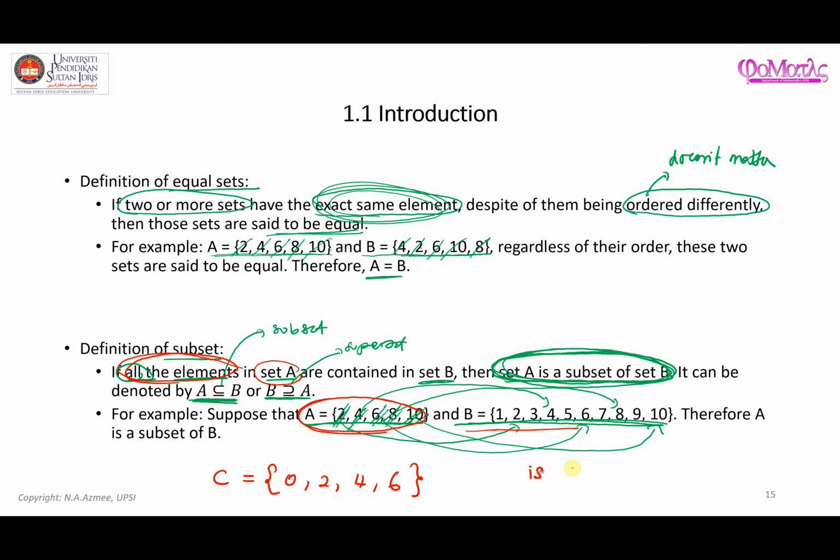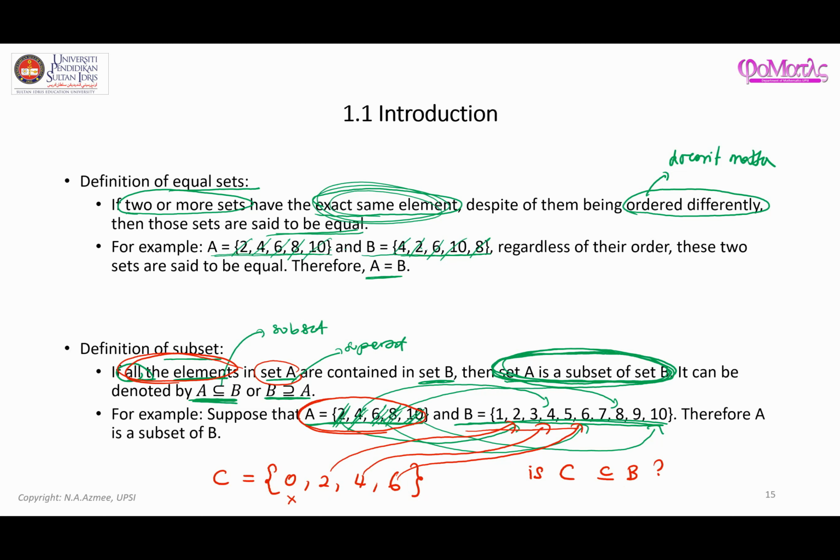Well, you can clearly see that 2 is given in B, 4 is also given in B, 6 is also given in B, but 0 here is not in B. So in this case, not all elements of C are in B.